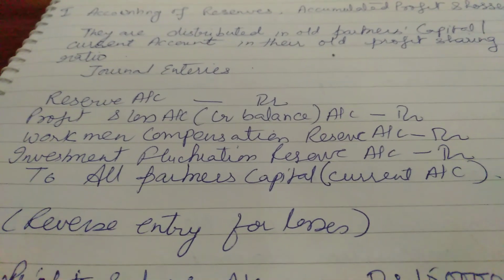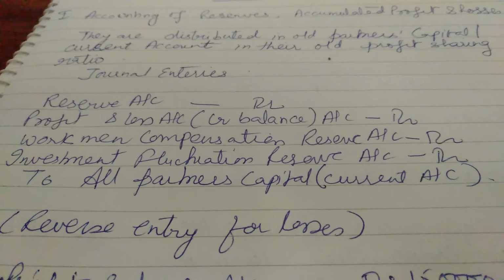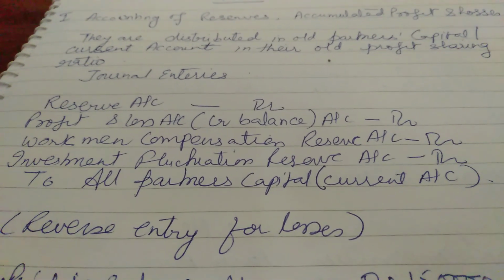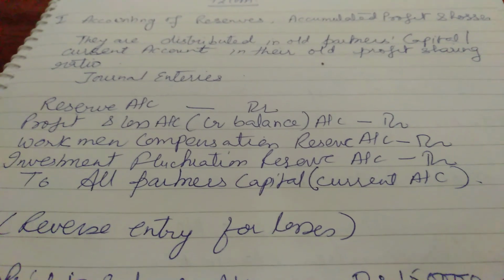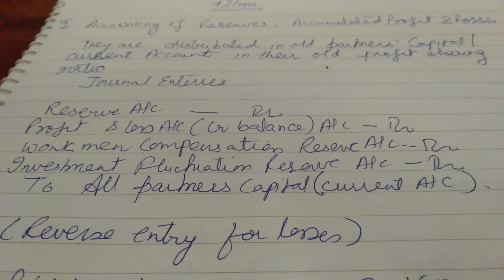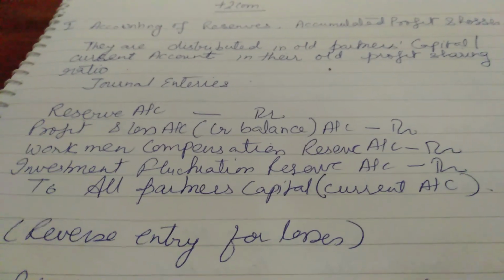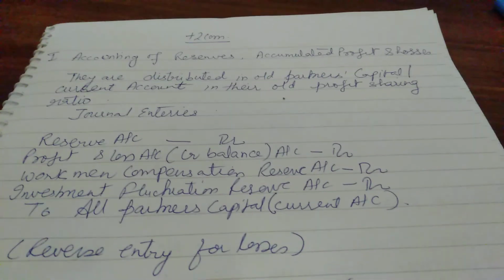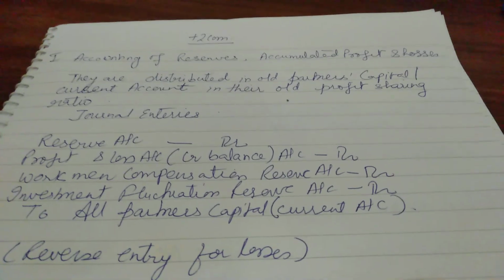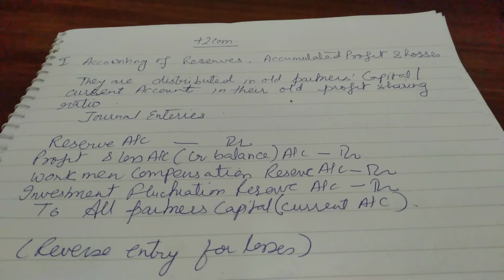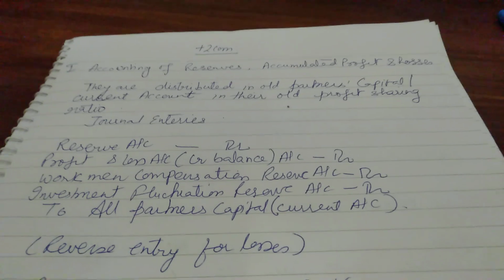Any of these reserves mentioned in the question, you will debit them to all partners' capital accounts in their old profit sharing ratio, and narration will be that the reserve is adjusted. Now, in case there is a loss, if there is a profit and loss debit balance, then the entry will be reversed: all partners' capital accounts debit to profit and loss account.